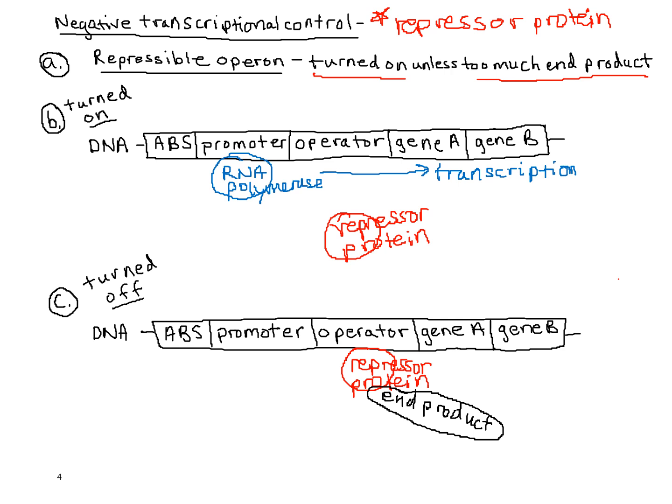Now that the repressor protein is on the operator, it's in the way, and that's going to prevent the RNA polymerase from binding to the promoter.